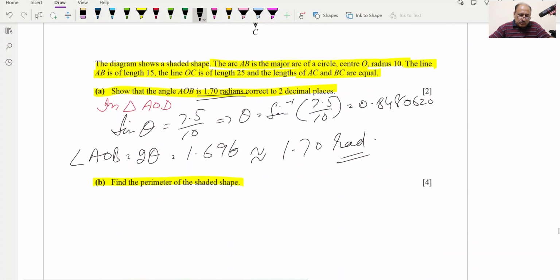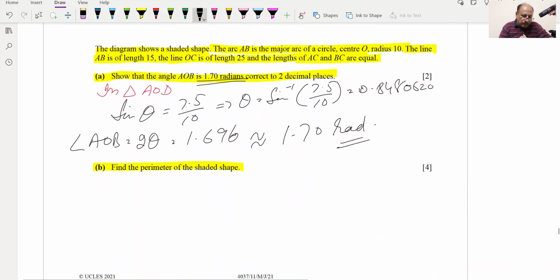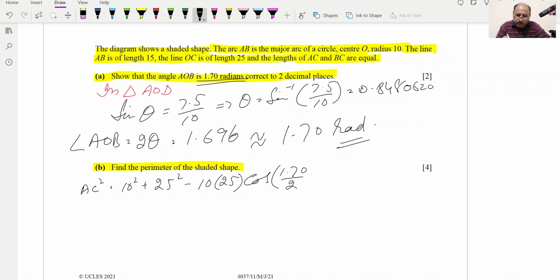So for AC squared, we will be applying the cosine rule. AC squared will be equal to 10 squared plus 25 squared minus one side and the other side and cos of the angle, which is 1.70 over 2, half of this angle.